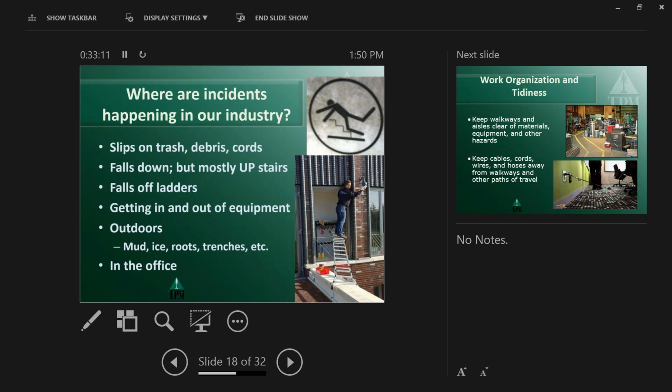And then oddly, we have people fall downstairs, but the vast majority of our injuries on stairs is people falling up the stairs. It genuinely surprised me when I did the analysis on this. Yeah, most of our stair injuries are people falling up stairs. We got people falling off of ladders, and then that fourth one, that's a sleeper.